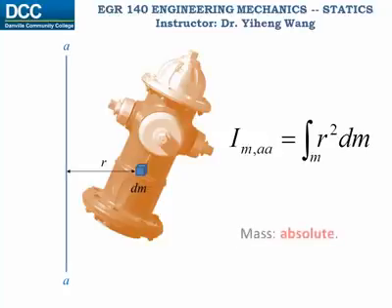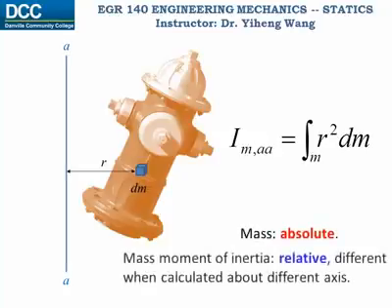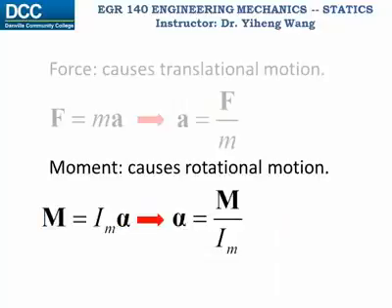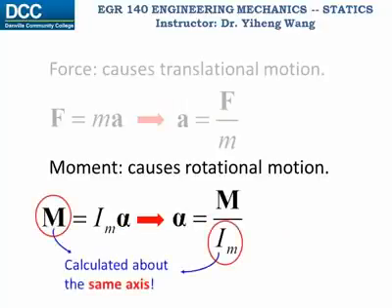So unlike mass, which is absolute, mass moment of inertia is relative, and it's different when calculated about different axes. Needless to say, in this moment equation, these two must be calculated about the same axis. So that's the mass moment of inertia.